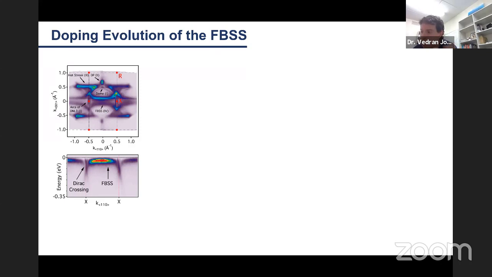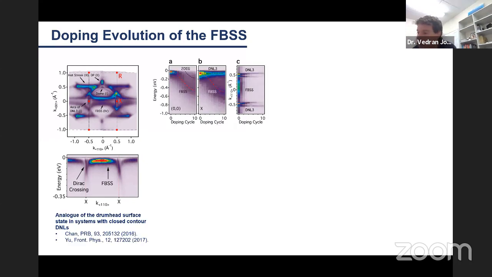Panels A and B show the continuous doping evolution of the state at various points in the Brillouin zone. With increasing doping, the flat band surface state just collapses and disperses to a lower energy. The states associated with the Dirac nodal lines populate only slightly, producing this Fermi surface bifurcation in the momentum dispersion curve, as you can see here.